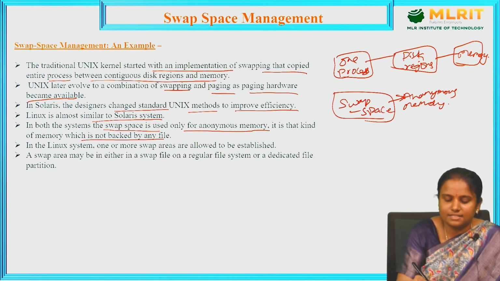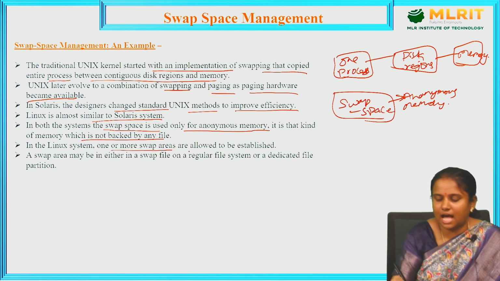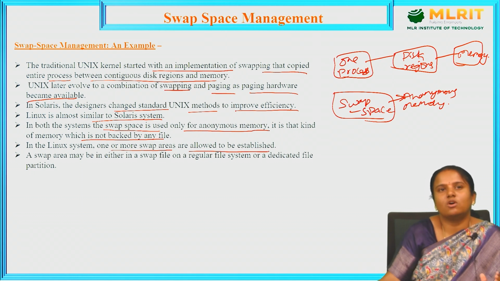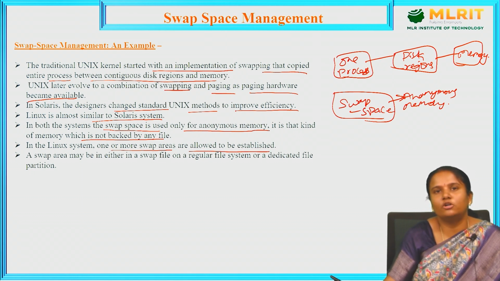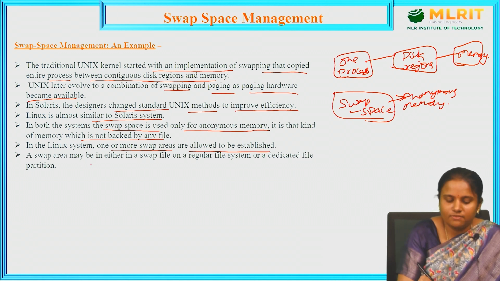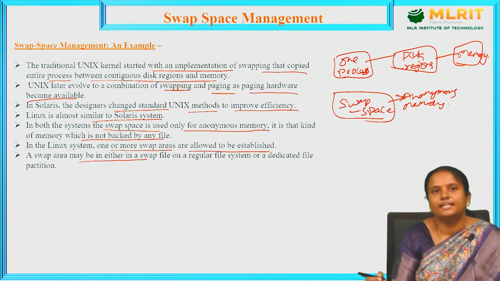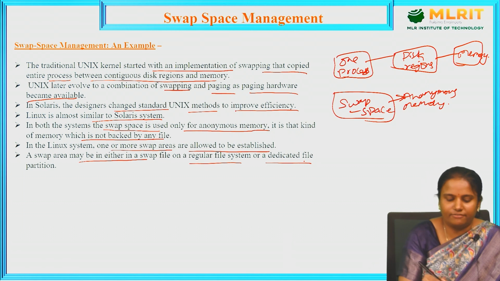In the Linux system, one or more swap areas are allowed to be established. A swap area may be in a swap file, a regular file system, or a dedicated file partition.